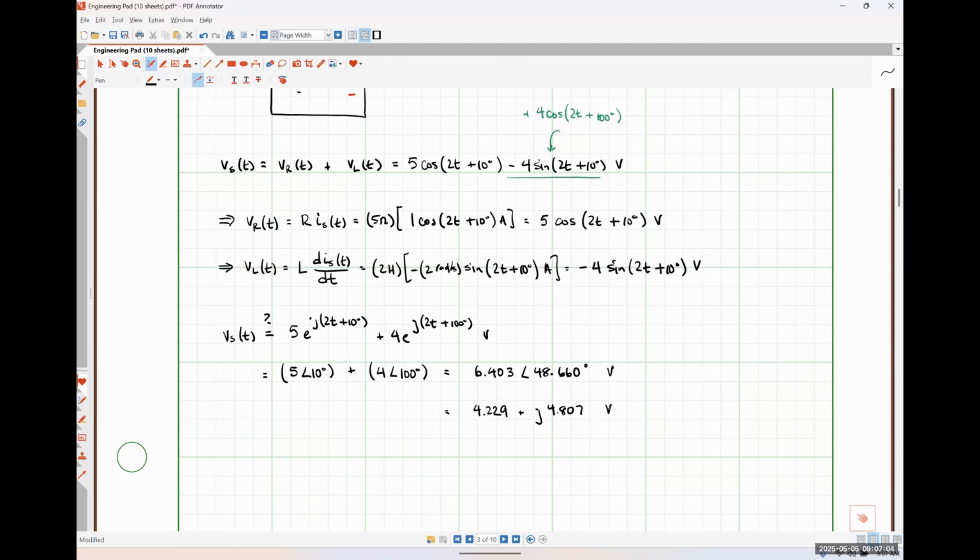So what I'm going to do now is take this and just work backwards, meaning that I'm going to put it back in that polar form.